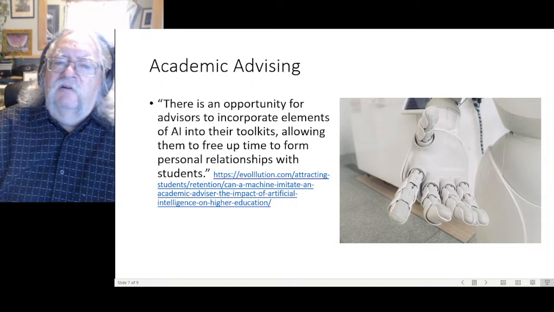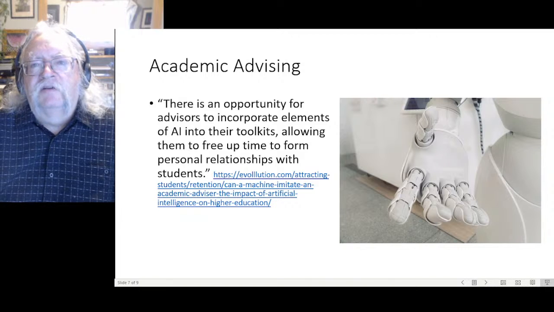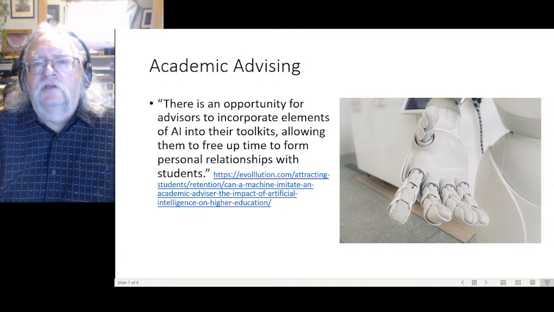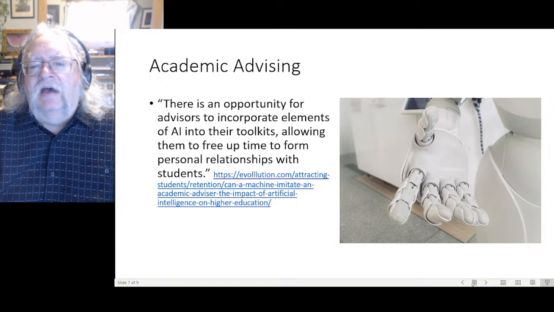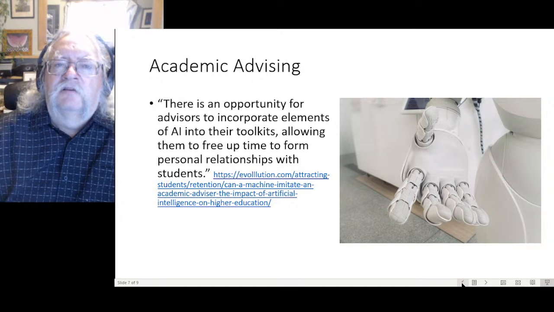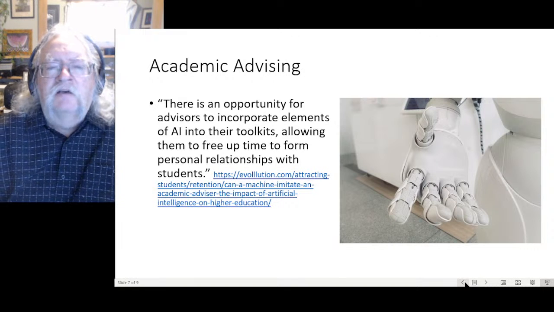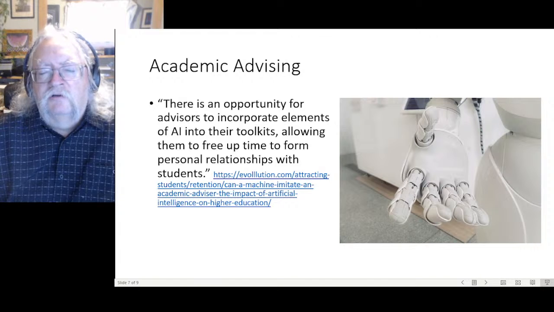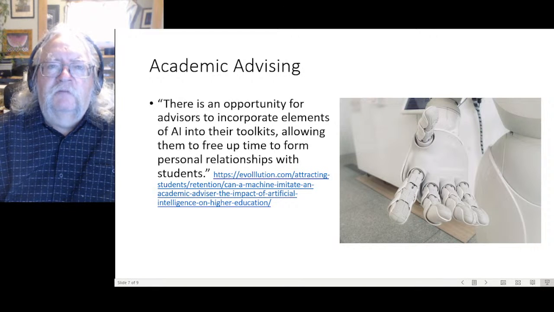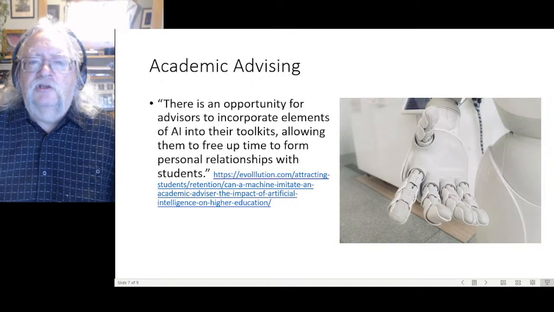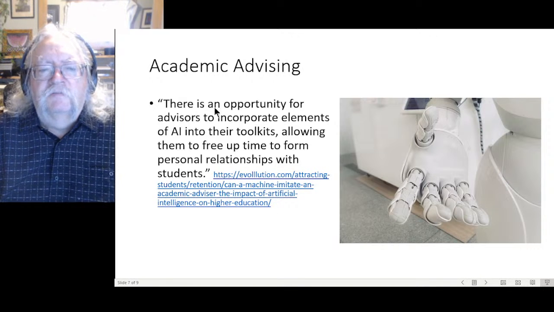The idea here is that the advisor spends less time trying to figure out what approaches will be most successful, what factors are involved in the student being likely to pass or fail, succeed or not, and it allows them to use that analytics in the background to inform and help their personal interactions with the individual student.